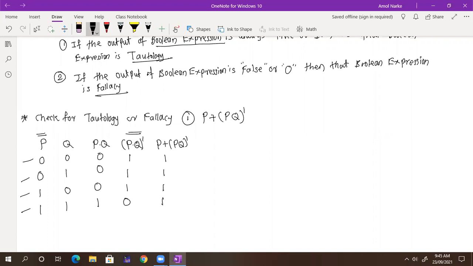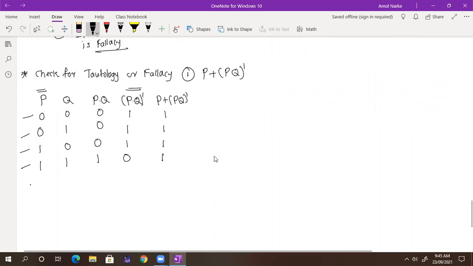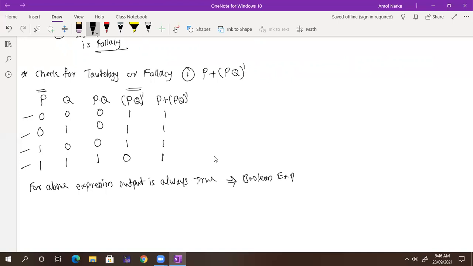So you can write down, for the above expression, the output is always true. This implies the Boolean expression is tautology.